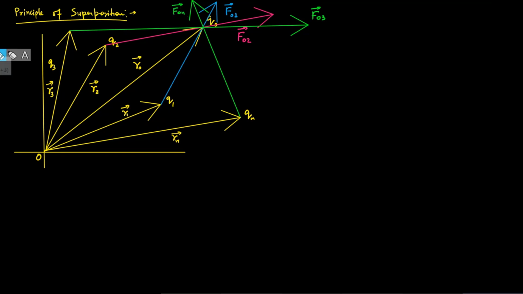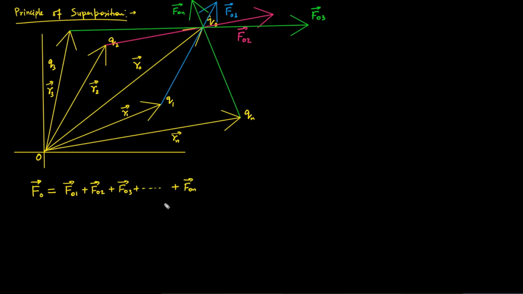Now what is the statement of the principle of superposition? According to the principle of superposition, the resultant force on a given charge Q naught is given by the vector sum of individual forces exerted by individual charged particles without affecting each other.